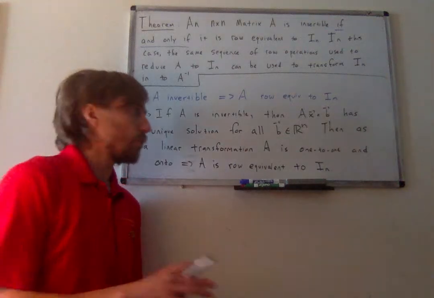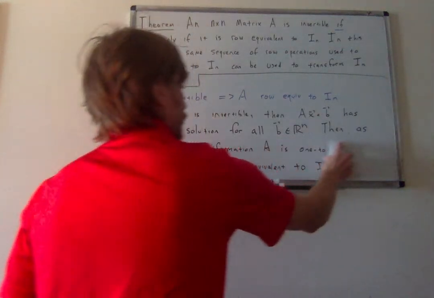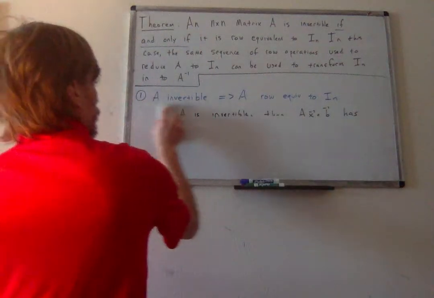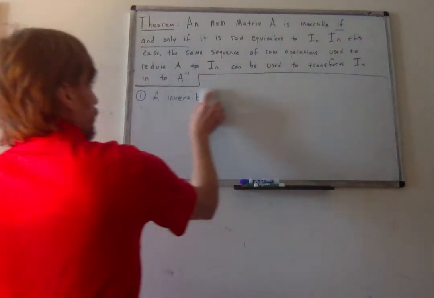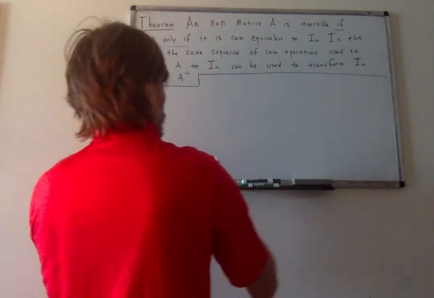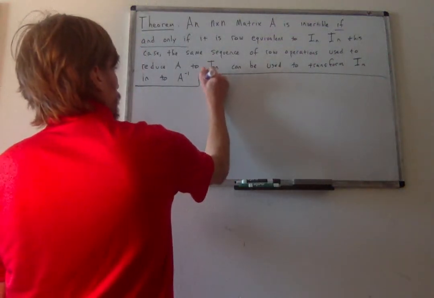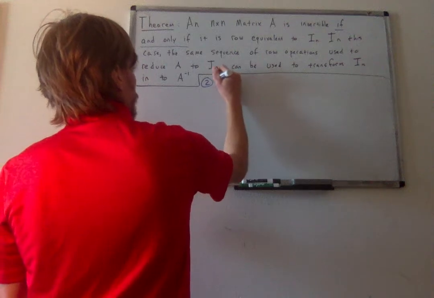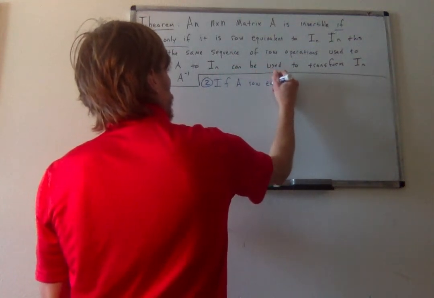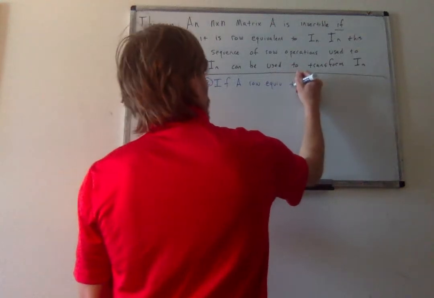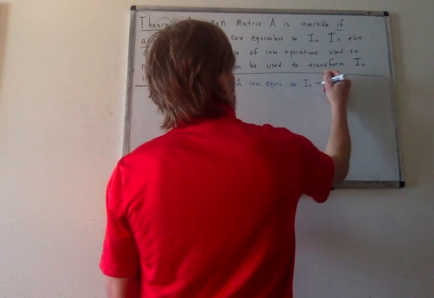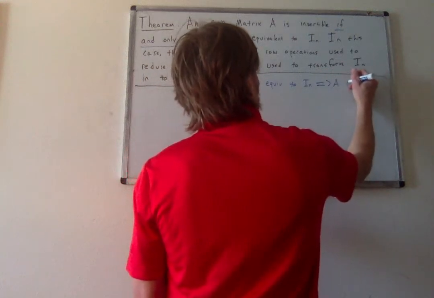So now I want to get to the interesting part. Fact number 2: we're going to show that if A is row equivalent to the identity, this implies that A is invertible.